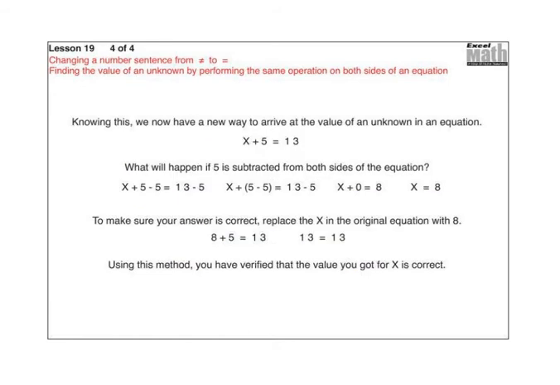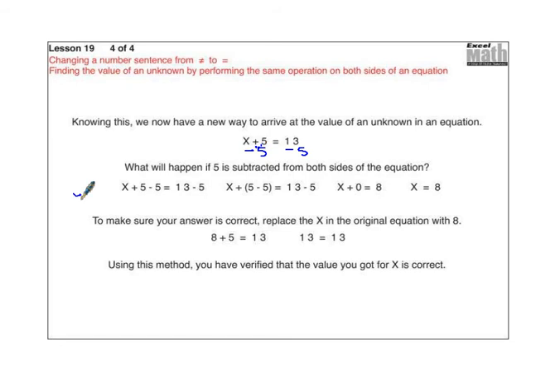Knowing this, we now have a way to arrive at the value of an unknown in an equation. What will happen if 5 is subtracted from both sides of the equation? If I subtract 5 from this side and 5 from that side, I'm left with what? X plus 5 minus 5?